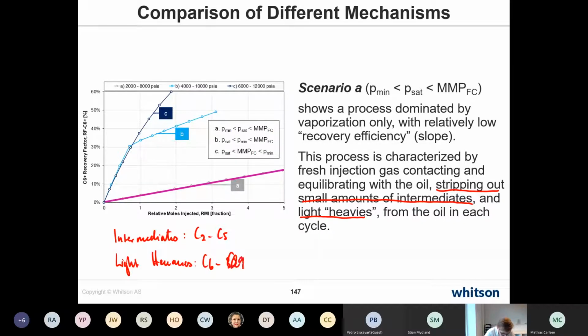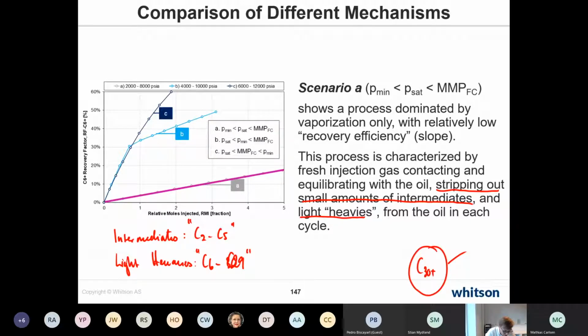So this is just a rule of thumb, components that are able to vaporize. You can't vaporize the most heavy stuff. The heavies would be C30 plus, the components that are heavier than that, that we can't vaporize and that are not available for vaporization.